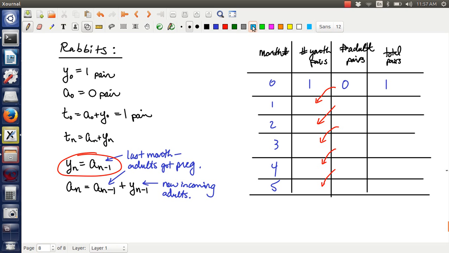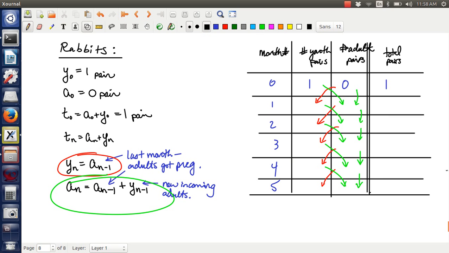And then the next rule says the number of adults today, okay, is the number of adults yesterday plus the number of youth yesterday. So you have to add these two together. So these guys come over and join. So these green arrows are just either rabbits living, or rabbits growing up, whereas the red arrows are new rabbits being born. And then the total here, you simply add up the number of rabbits you have.